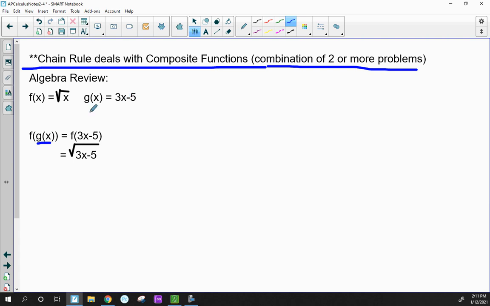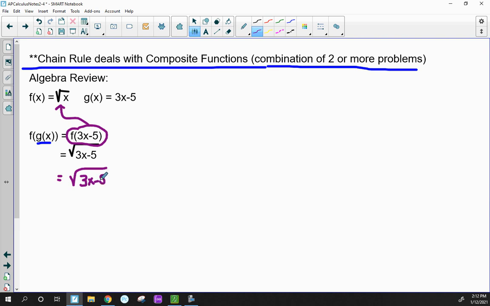You're substituting what it's equal to in the parentheses, and now the problem says, find f of 3x minus 5. Well, that means go to your f function, and where you see x, replace it with 3x minus 5. And so, I'm going to write this over. The entire composition then would be the square root of 3x minus 5.